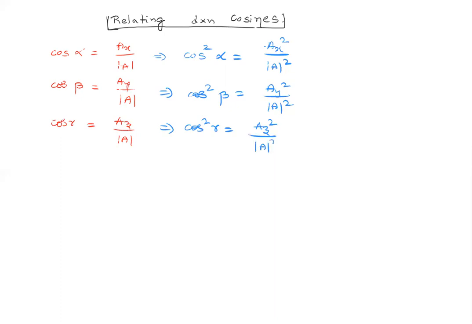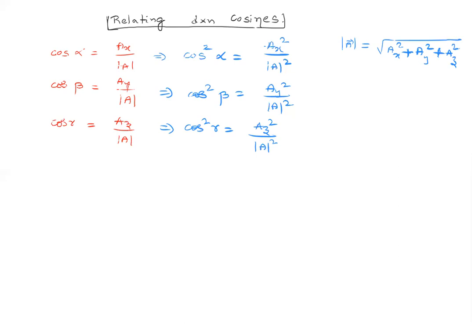Now we do know that mod a is under root of ax square plus ay square plus az square for a vector. Right?